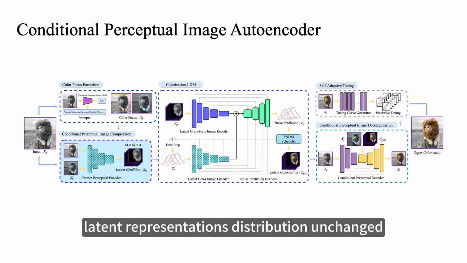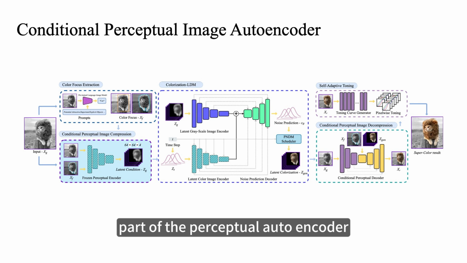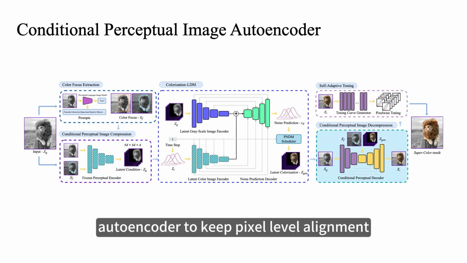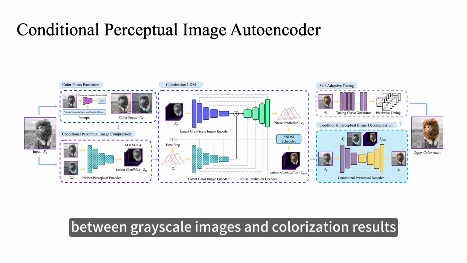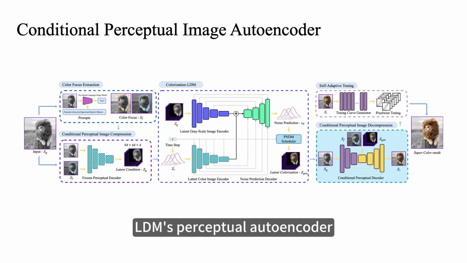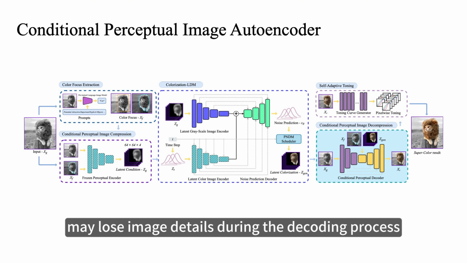To keep the latent representation's distribution unchanged, we freeze all the parameters of the encoder part of the perceptual autoencoder. And we introduce the conditional perceptual compression autoencoder to keep pixel-level alignment between grayscale images and colorization results, since the original LDM's perceptual autoencoder may lose image details during the decoding process.